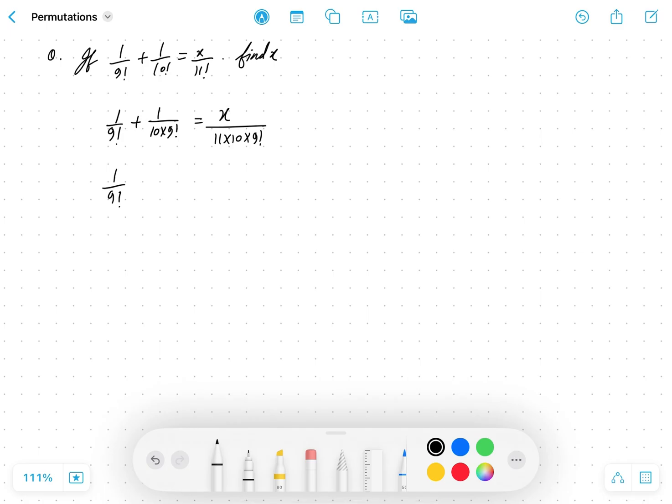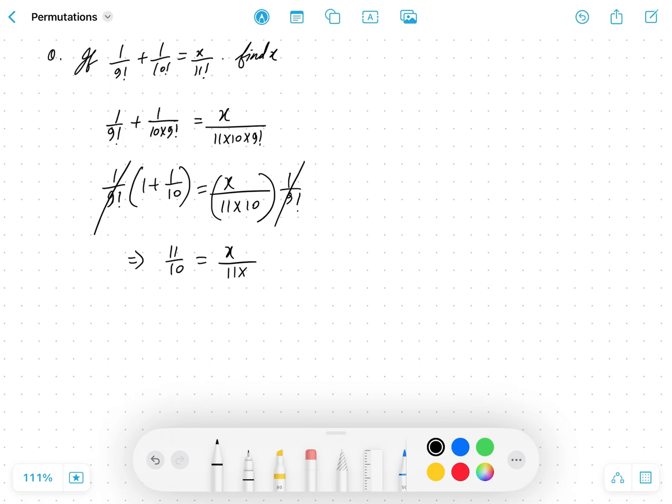Now here we can take 1 by 9 factorial as common. 1 plus 1 by 10 is equal to x by 11 into 10, and we can cancel 1 by 9 factorial on both sides. What we get here is 11 by 10 is equal to x by 11 into 10, and this 10 gets cancelled. So x is equal to 11 square, x is equal to 121.